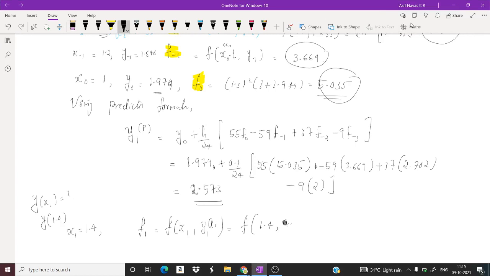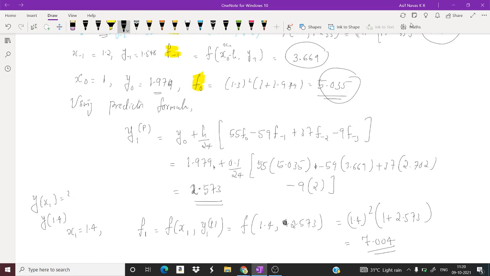So applying y1 of p here, f1 is 1.4 whole square into 1 plus 2.573, so this value is 7.004. So f1 is 7.004.